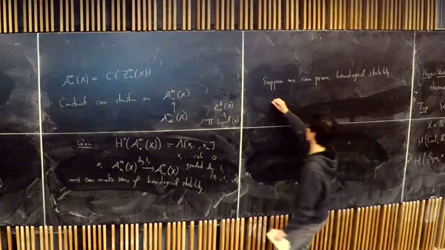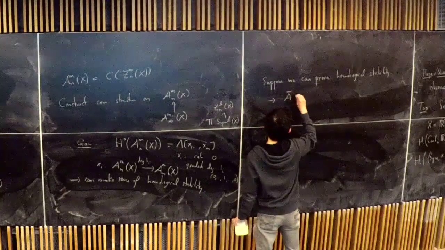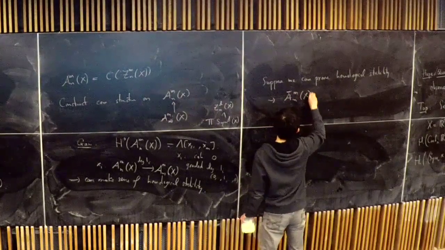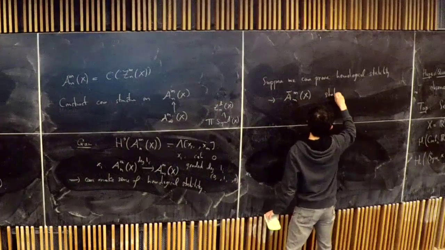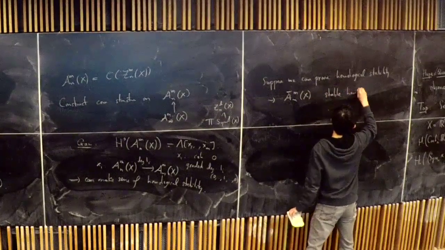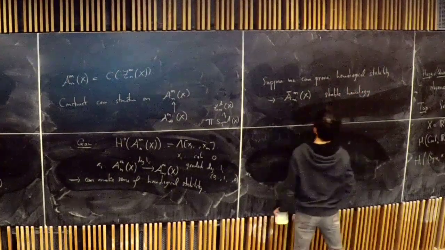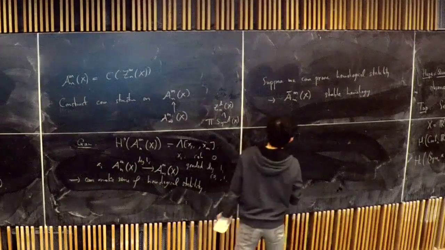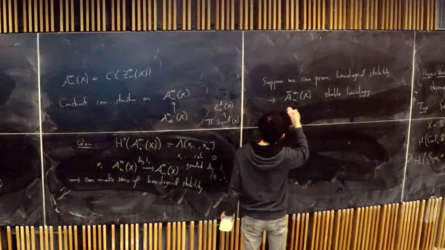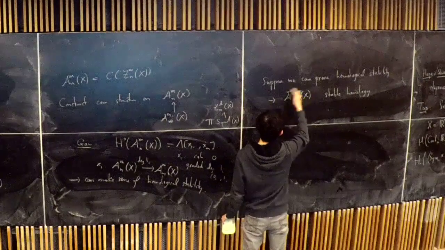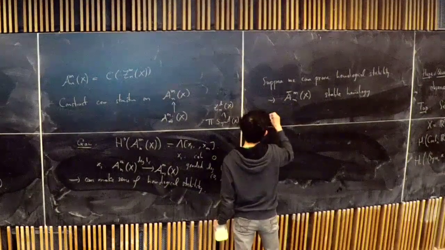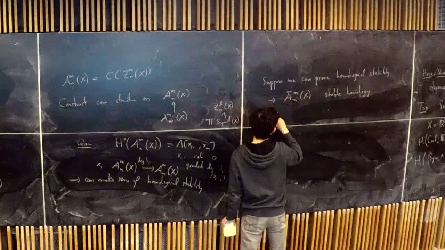Then we can use this thing, A bar and nx, to denote the stable homology. And then one can show that this thing also has a natural commutative algebra structure, and then one can formulate the following question.